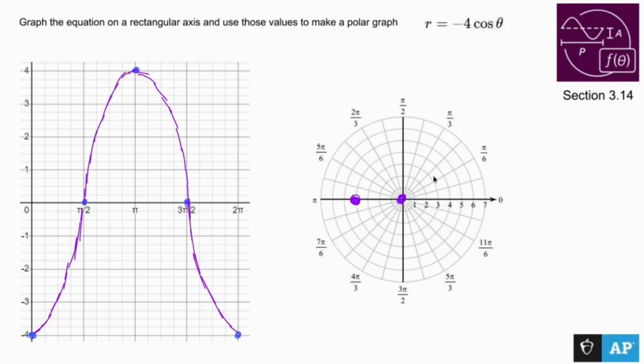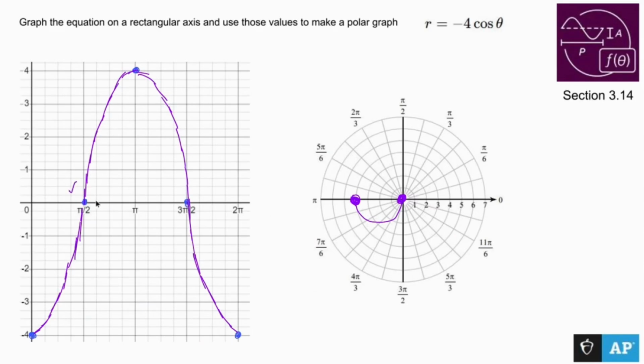Normally we go this way, but now we're going this way. As this goes around, it's getting closer to my pole. So this is where I am for the time being.